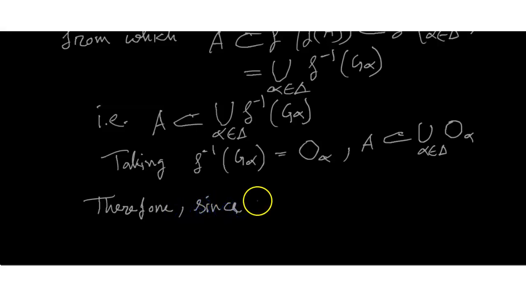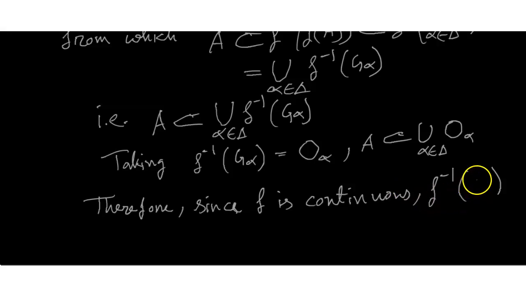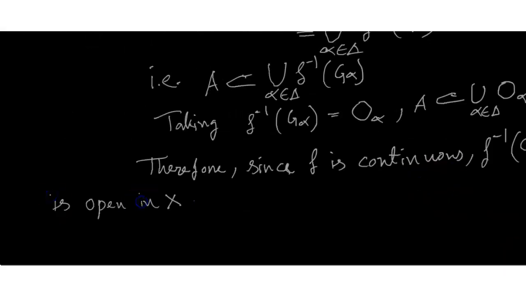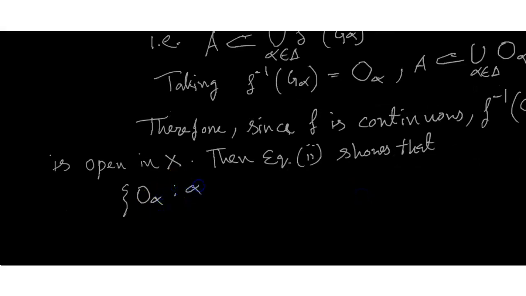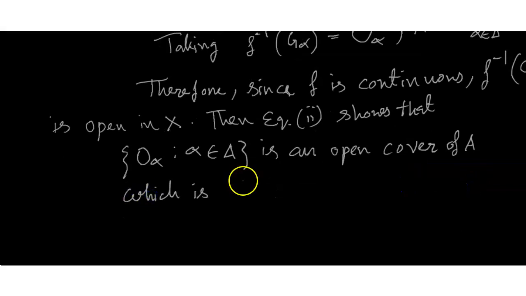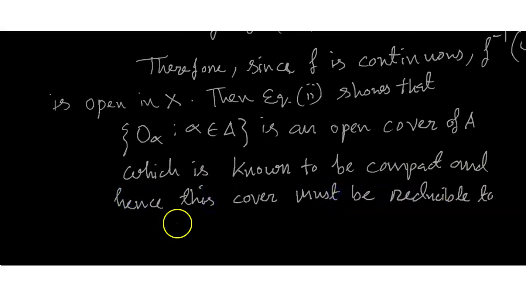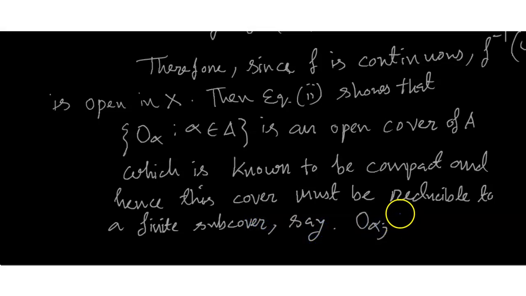Since f is continuous, f inverse G_alpha equals O_alpha is open in X. Then equation 2 shows that {O_alpha : alpha belongs to Delta} is an open cover of A, which is known to be compact, and hence this cover must be reducible to a finite subcover, say O_alpha_j such that 1 less than or equal to j less than or equal to n.